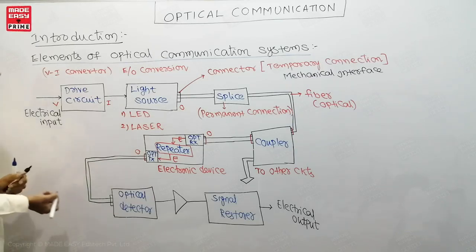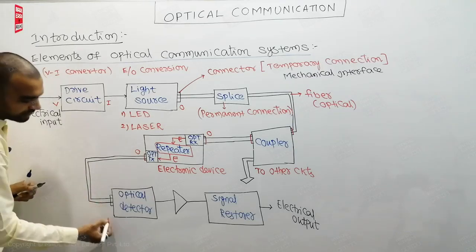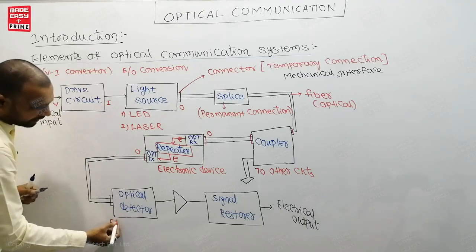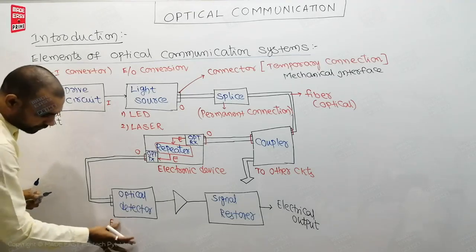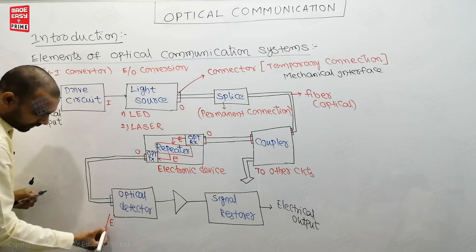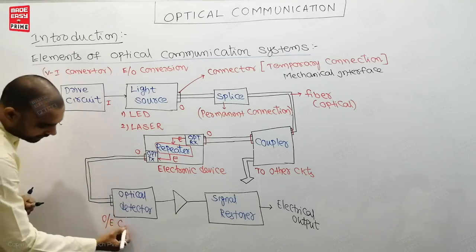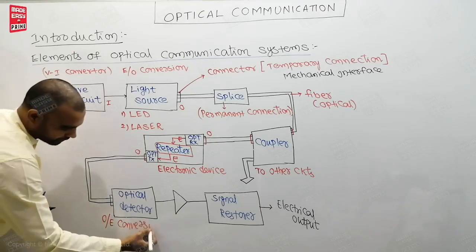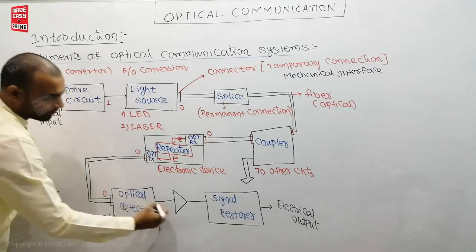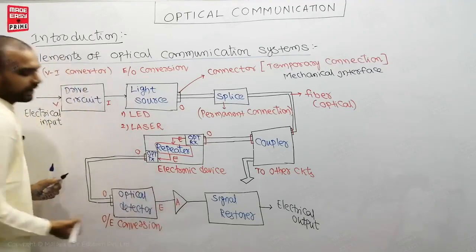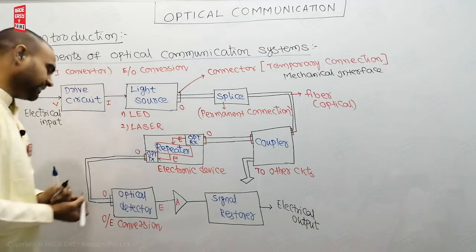So the optical detector will do the reverse operation, which is called optical to electrical conversion. Your optical signal is converted into electrical, and you have an amplifier which amplifies the signal.